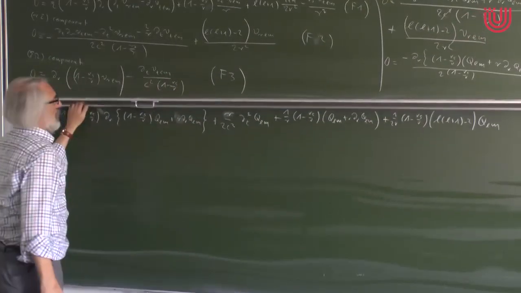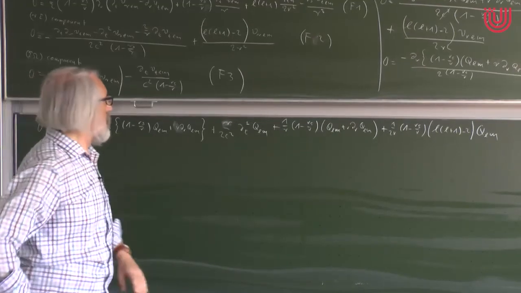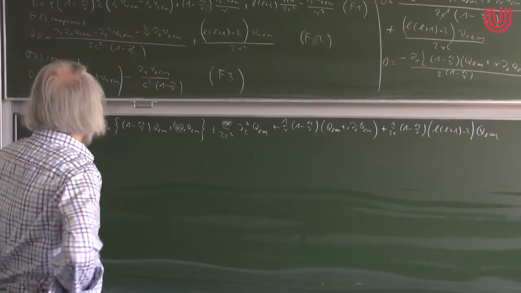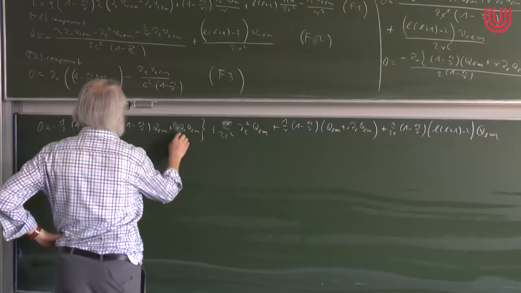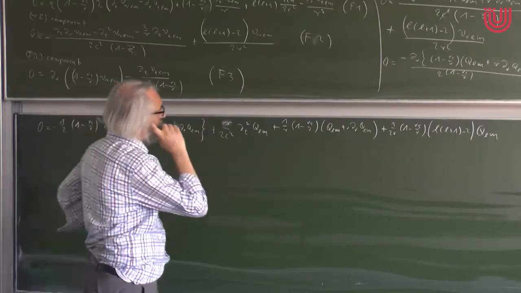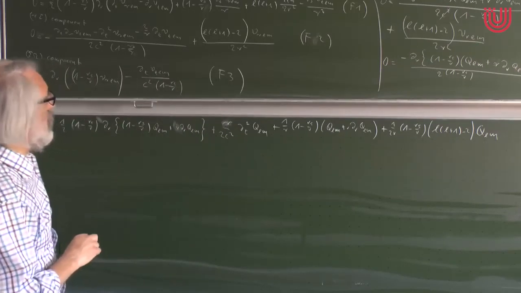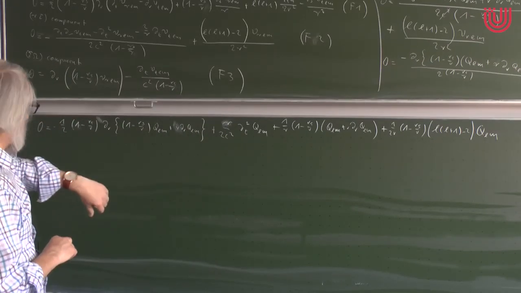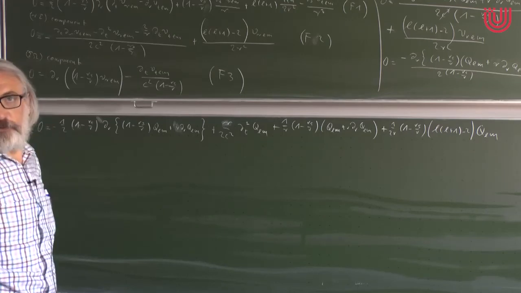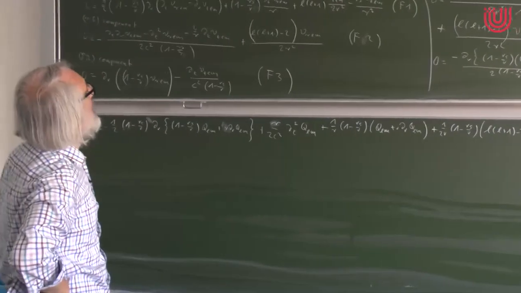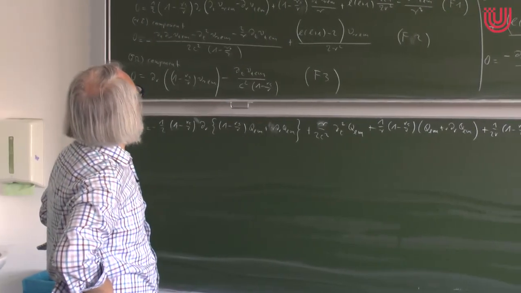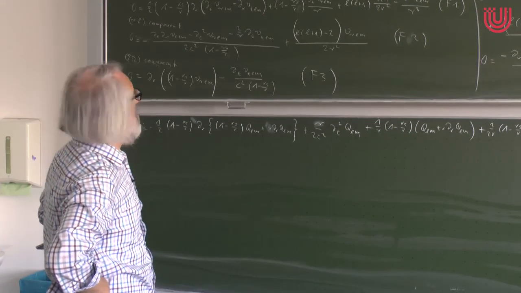Let me see. No, this is not true. This should go away. These terms with r times dr, they should go away, but they don't, right? So I'm afraid I have something messed up. Okay, I'm 5 minutes over time. I think I have to clarify this. I tried to get this straight last time.